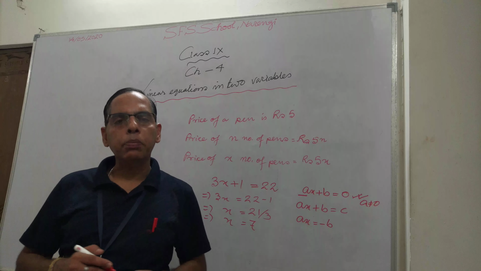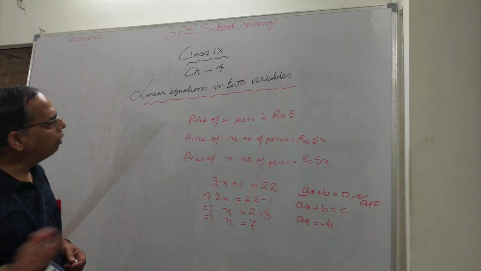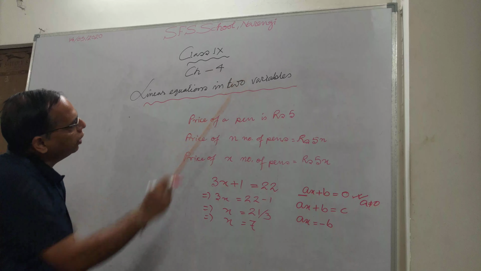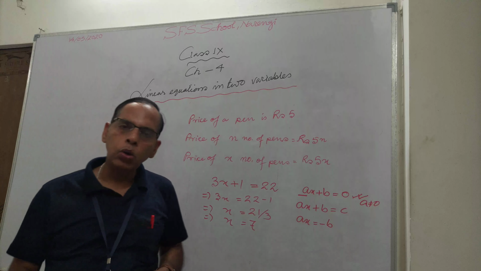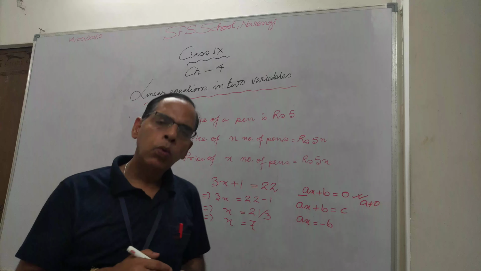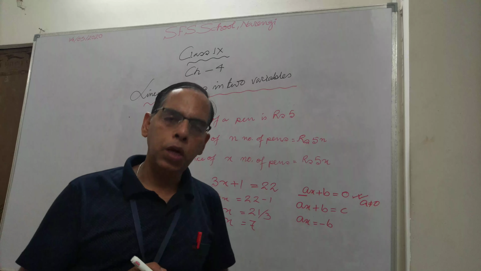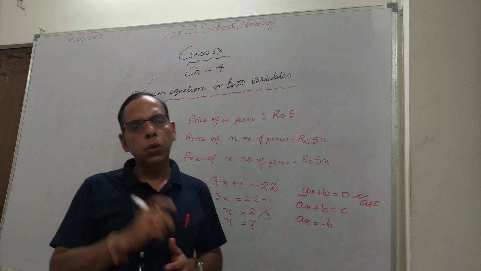Now, in this chapter, it is already written, linear equations in two variables. Before I go to this, one more question: what do you mean by equation? Equality of two algebraic expressions is known as an equation.